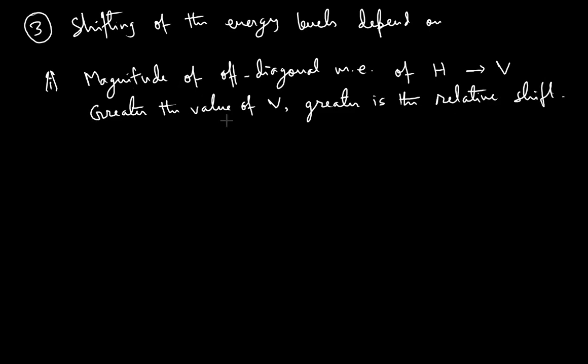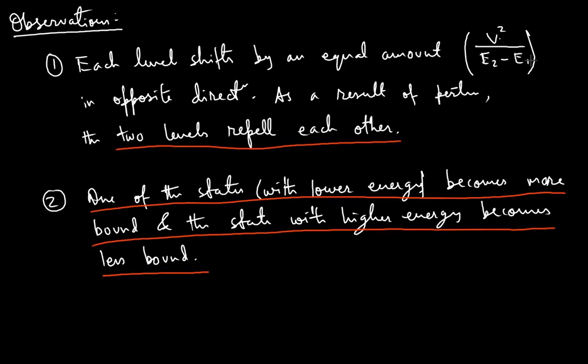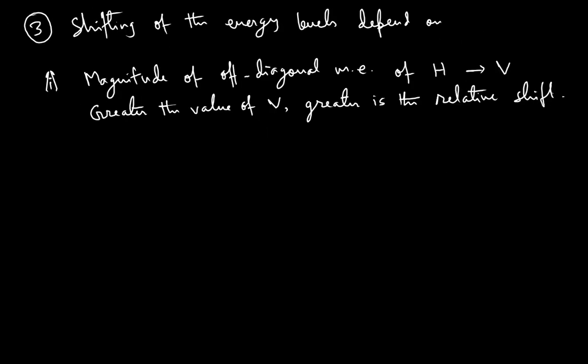Why? Because the shifting depends on, as I have just shown you, V square by E2 minus E1. So V we are talking about, right? So basically the shifting depends on V. This is what I am saying.